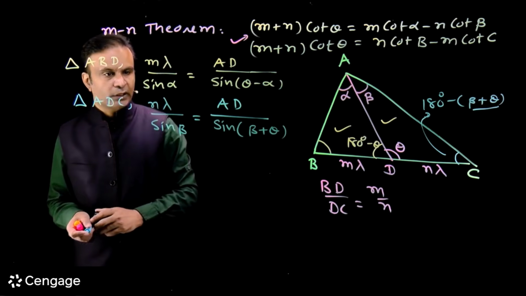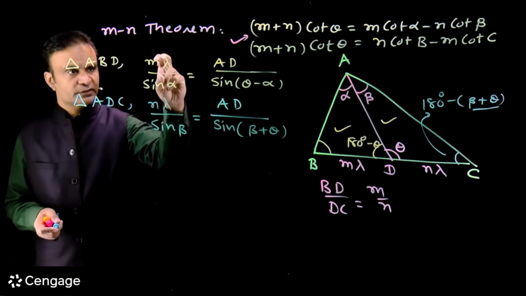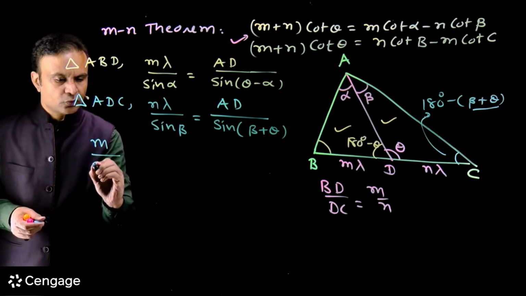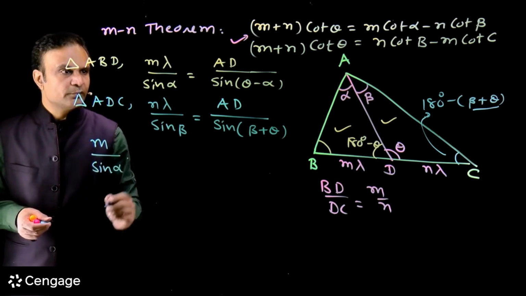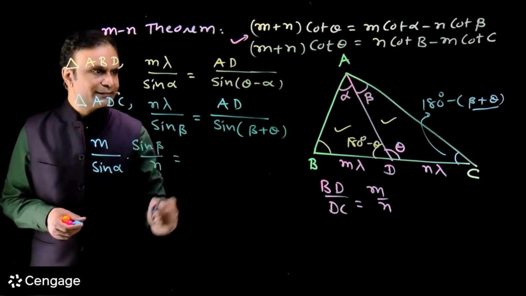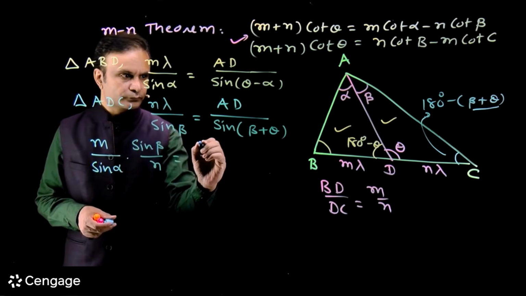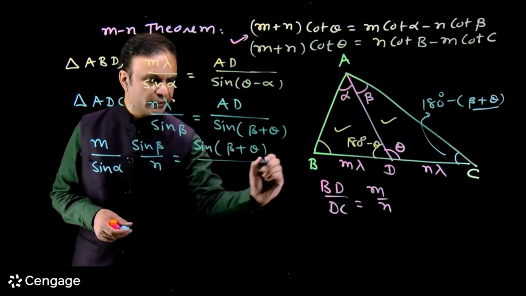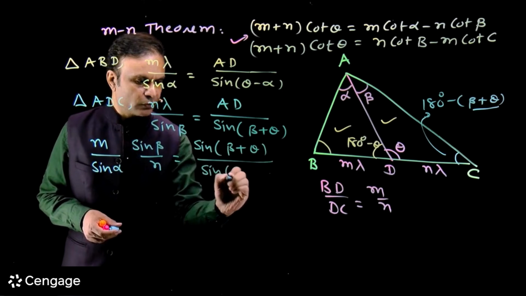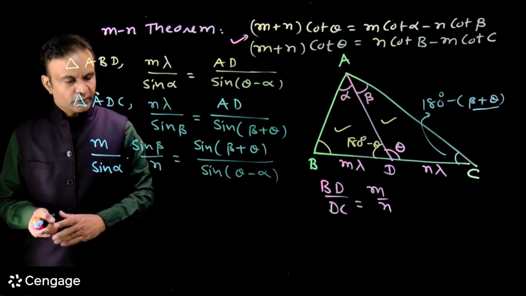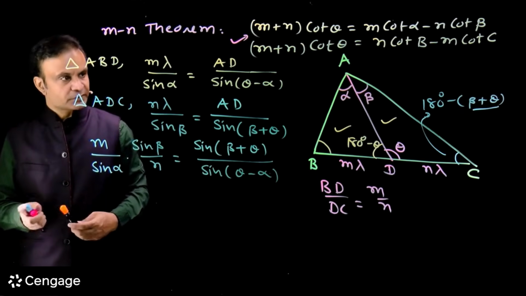Okay, now what we do, we divide this result by this result. We have m upon sine alpha multiplied by sine beta upon n. This is equal to sine of (beta plus theta) upon sine of (theta minus alpha). Okay, now we cross multiply and simplify.